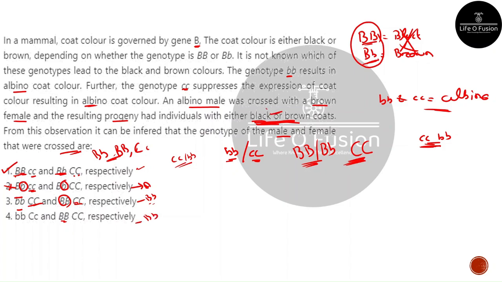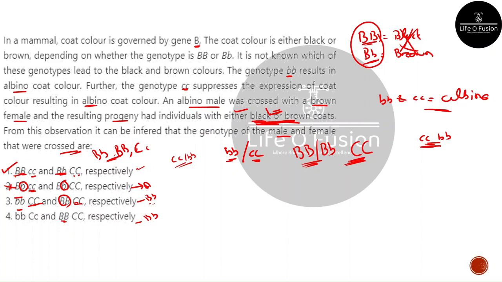That means what? Don't get confused. Here they say that the resulting progeny had individuals with either black or brown coats. So the progeny are either black or brown, meaning black progenies are also there and brown progenies are also there.